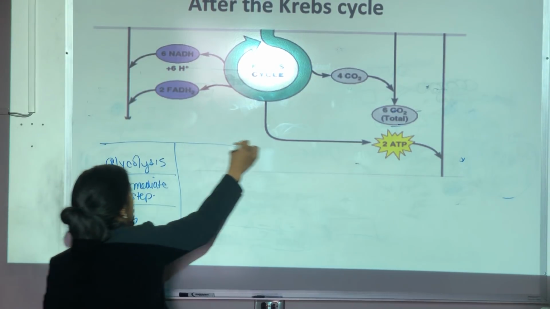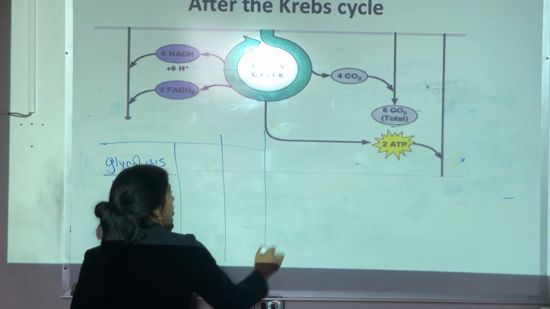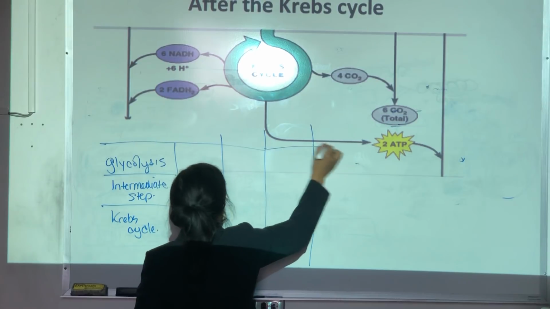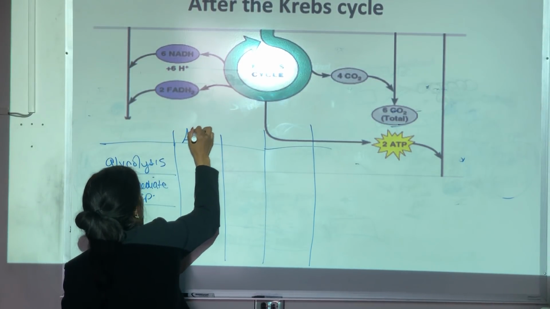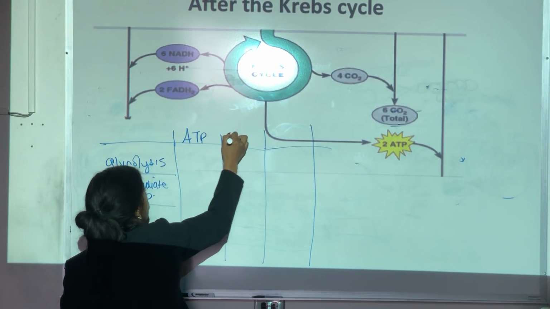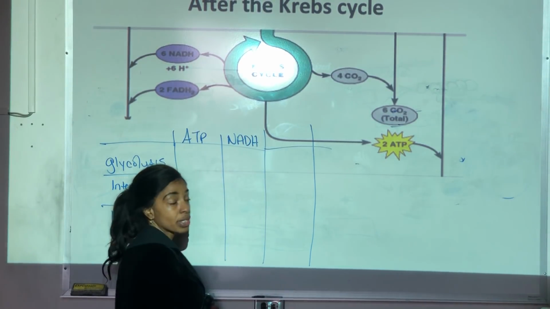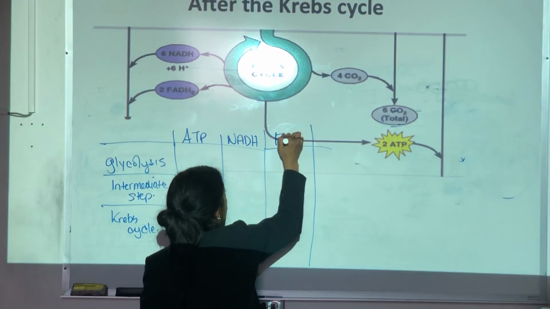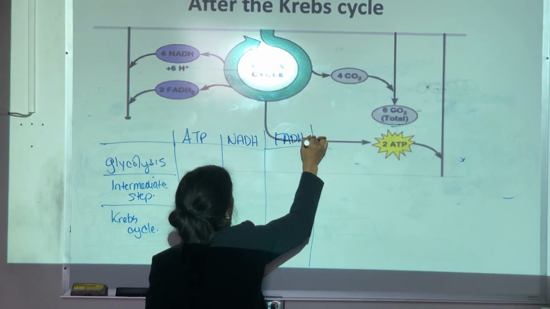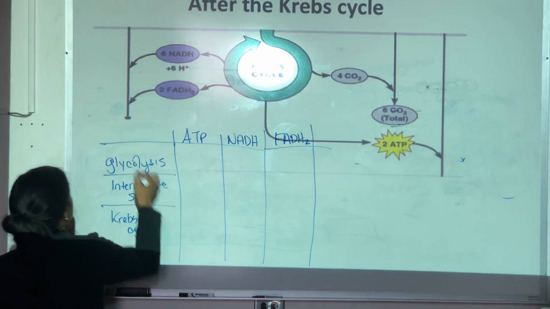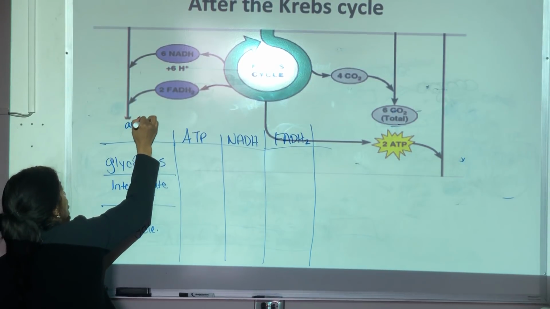All right, so let's have a little summary. Right. So we see that there's ATP that's directly made. We also have NADH, which will carry electrons to the electron transport chain, along with FADH2. Right? And this is for aerobic respiration.